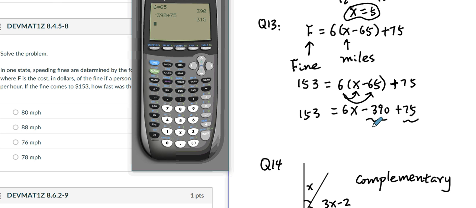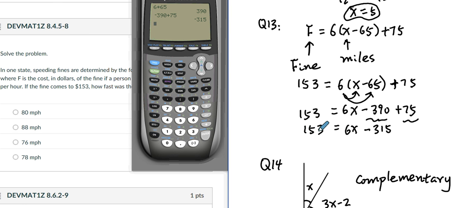You will get negative 315, 6x, and then equals 153.